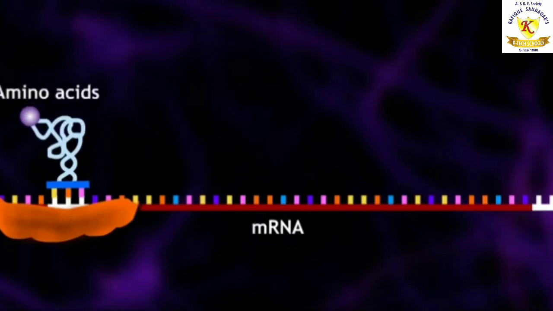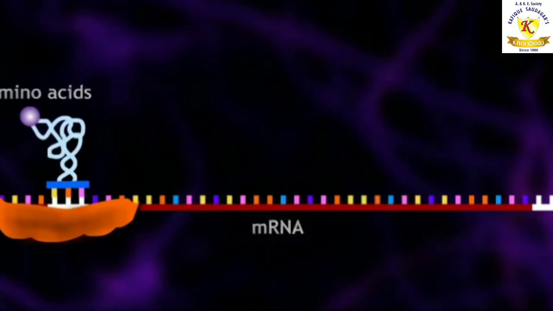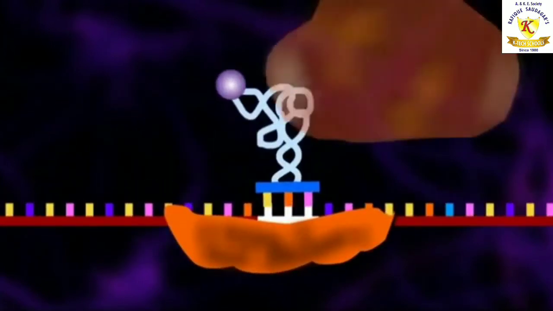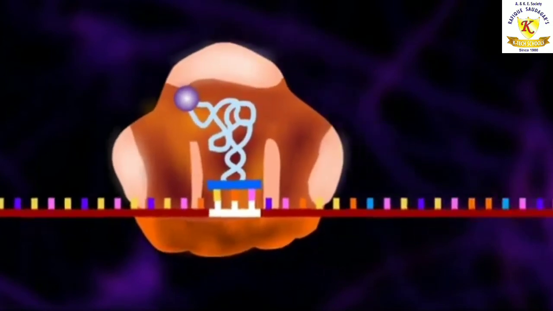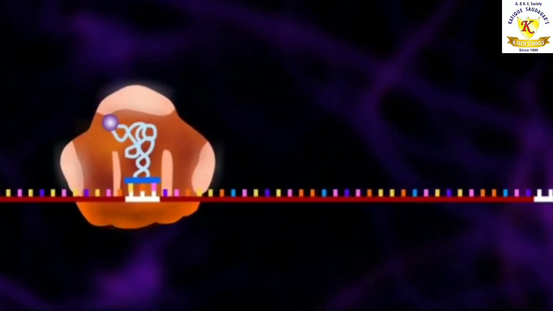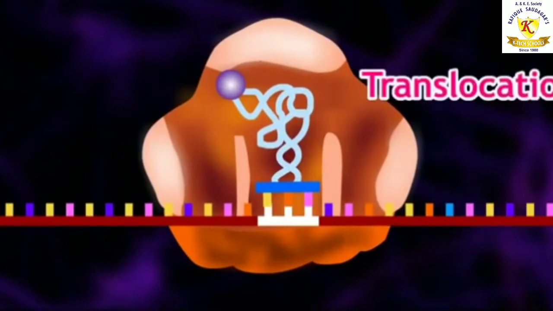The amino acids brought in by tRNA are bonded together by peptide bonds with the help of rRNA. During this process, the ribosome keeps on moving from one end of mRNA to the other end by the distance of one triplet codon. This is called as translocation.